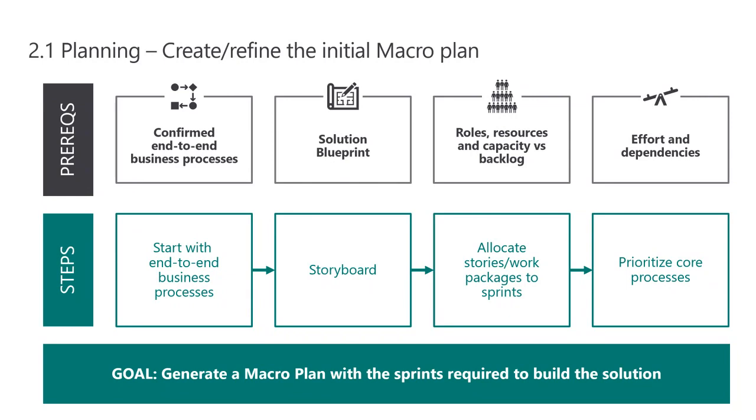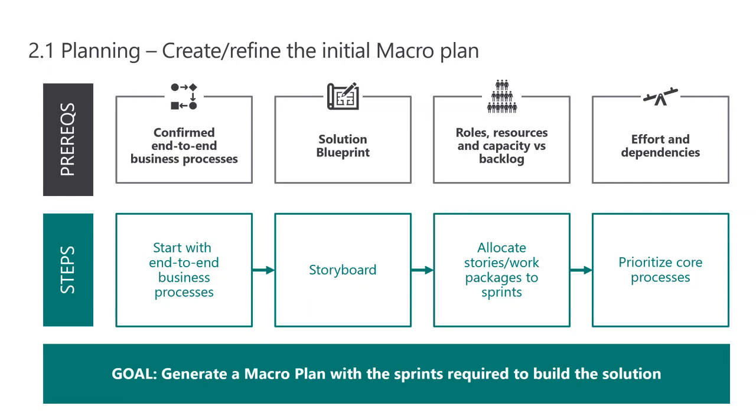So within the prerequisites, make sure you've got your end-to-end business processes that have been confirmed with the business. In other words, these end-to-end business processes are clearly well accepted by the business, that this is the scope, this is how we're going to operate within the system. You've got your solution blueprint document there.